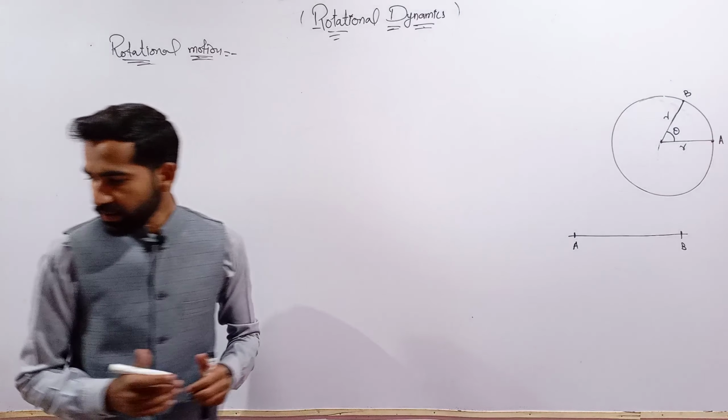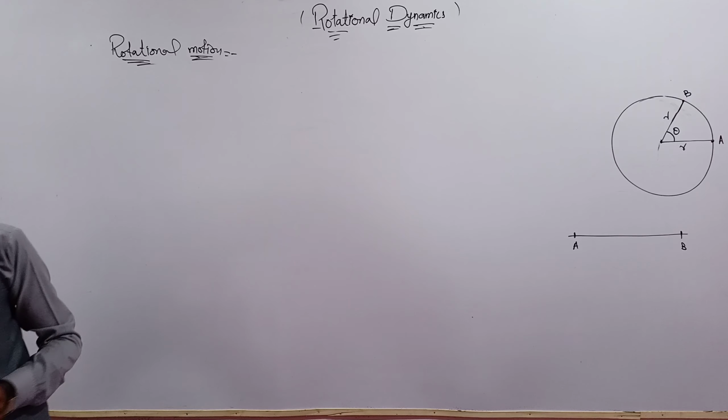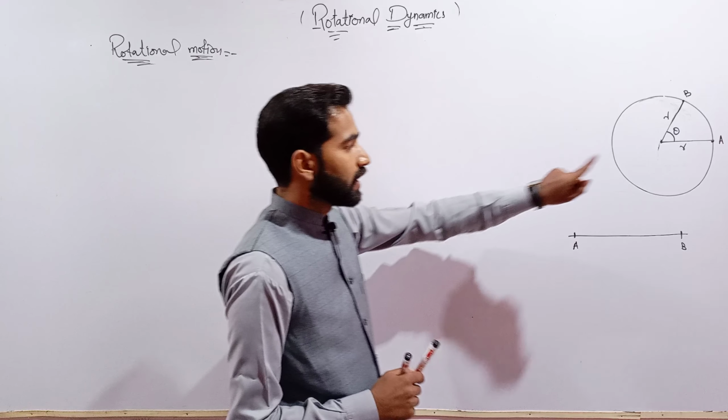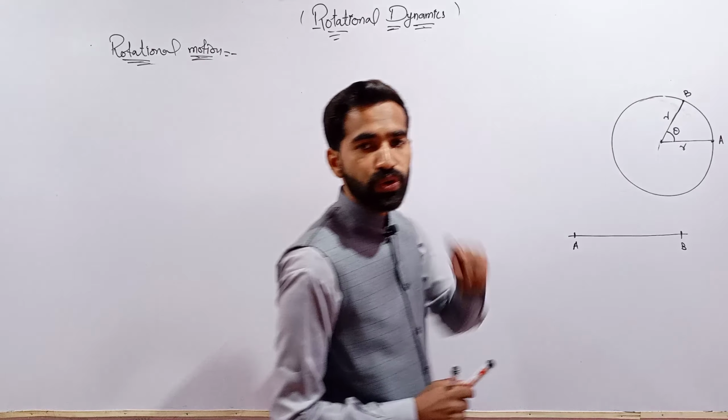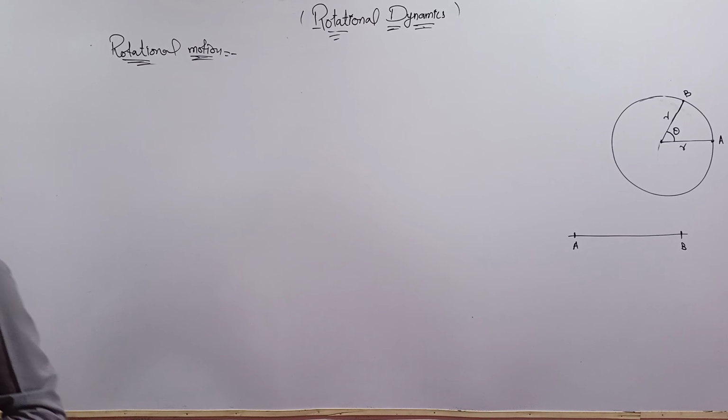What is theta? The motion of a body about its axis of rotation is known as rotational motion, and here this theta is known as angular displacement. The angle subtended by an arc.